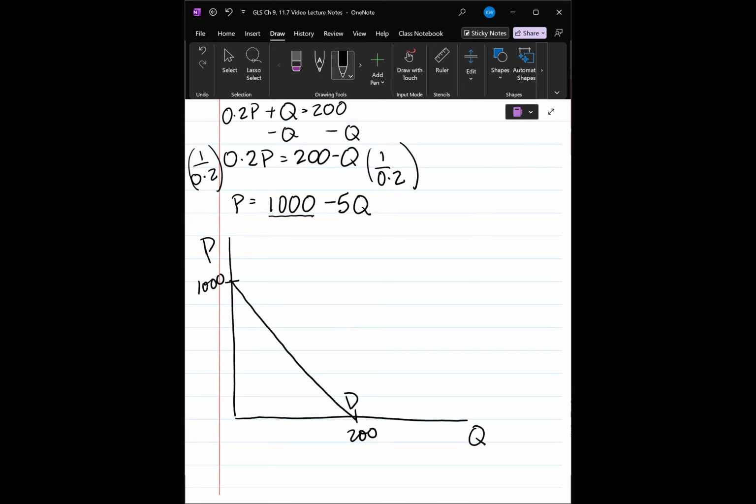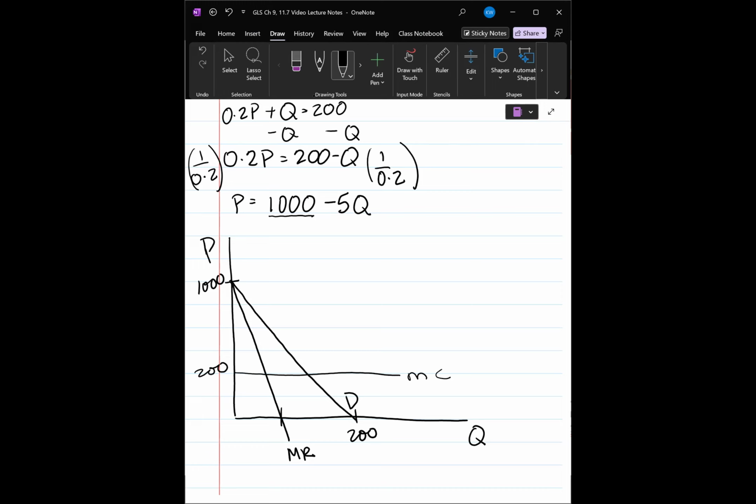And there's our demand curve. And we know that our marginal revenue curve is going to be under that. So I'm going to go ahead and draw that in. But what we're going to need to find is its intercept, right? I'm also going to go ahead and draw in our marginal cost curve. It's constant at 200. Obviously, this graph isn't to scale, but we're just going to go with it.